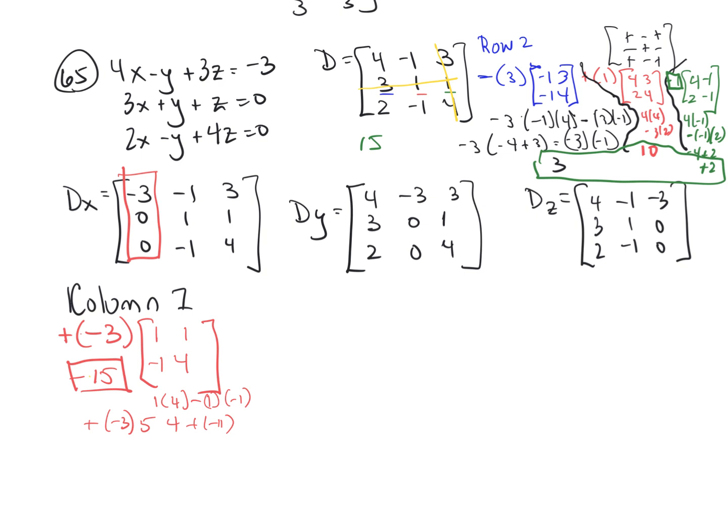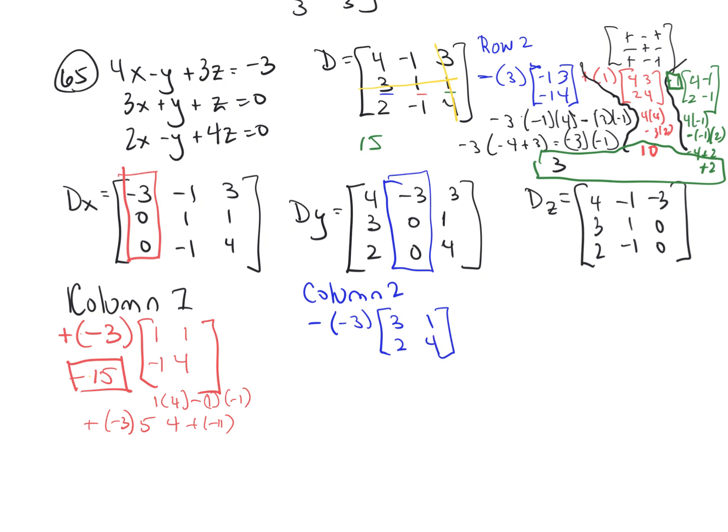Oh my gosh. Okay, now D sub y, I'm going to choose column 2 for the same exact reason. Good golly. Now, I have the negative 3, but it's in the middle, so I'm going to have minus negative 3. And then my leftover matrix would be 3, 1, 2, 4.